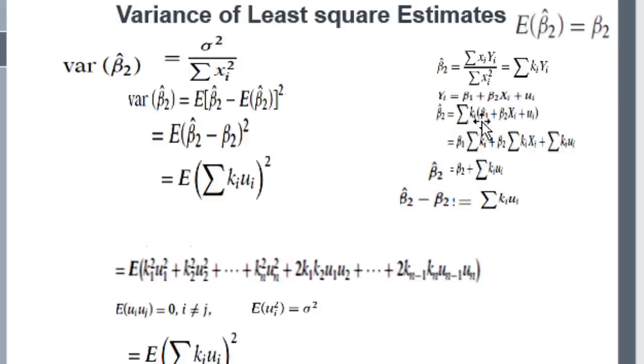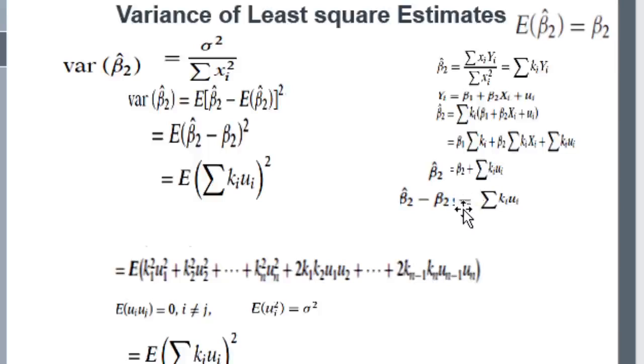Then we can replace this yi by this linear equation, then multiply the bracket by ki, and we get beta 1 sigma ki plus beta 2 sigma ki xi plus sigma ki ui. Then apply the properties of ki: sigma ki equals 0, so that whole term equals 0, and sigma ki xi equals 1. Therefore the remaining term is beta 2 plus sigma ki ui.